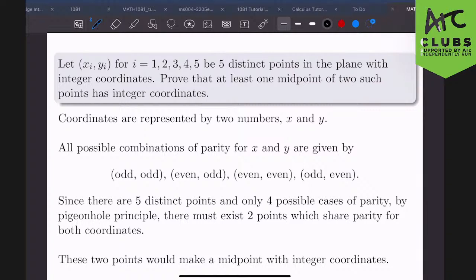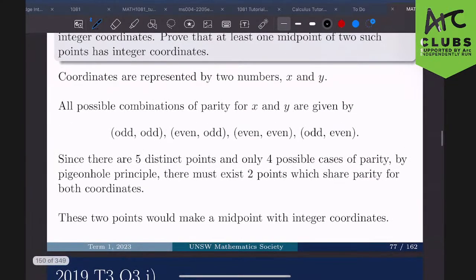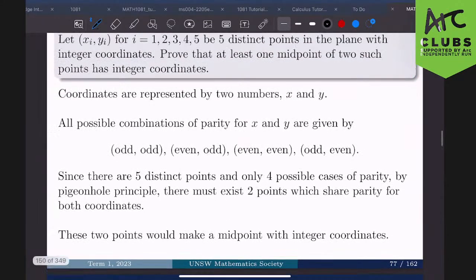And we have 5 points, so that means there must exist a repeat. So these are our pigeonholes and these are our pigeons. So obviously one of these will have the same parity in terms of odd and even.